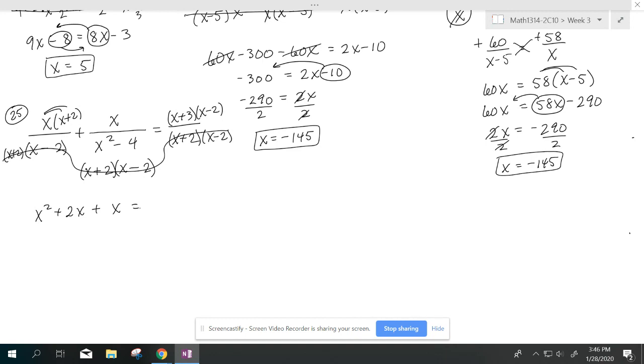Oh, and look at this guy back here. That's a binomial times a binomial. That's the FOIL. We're going to have to FOIL that. OMG. Here we go. Let's F it up. X times x. On the outside, negative 2 times x.